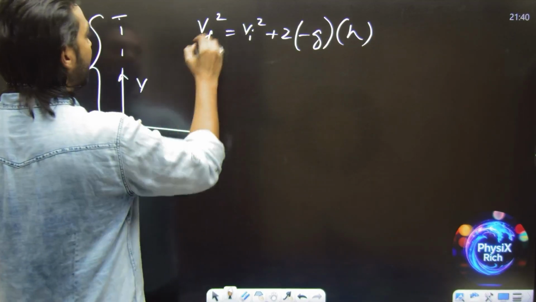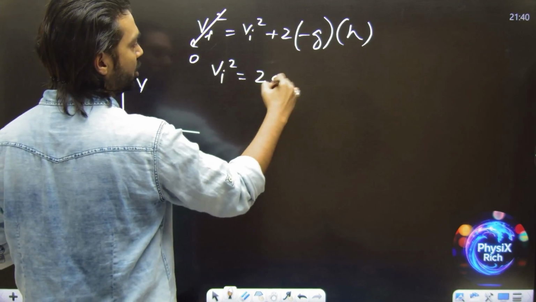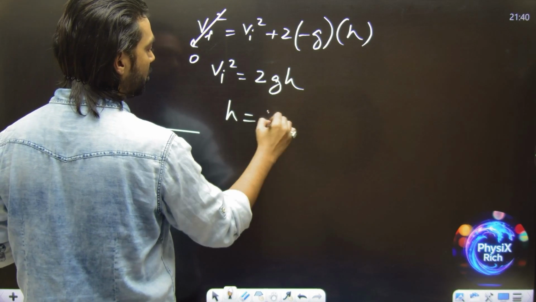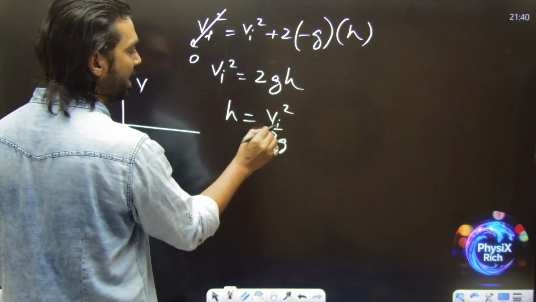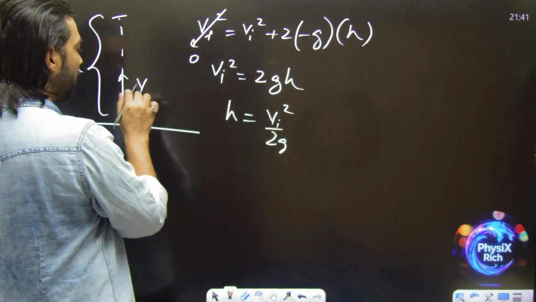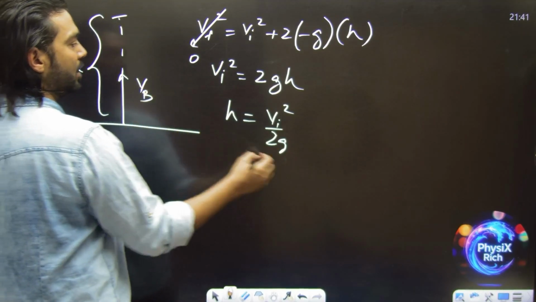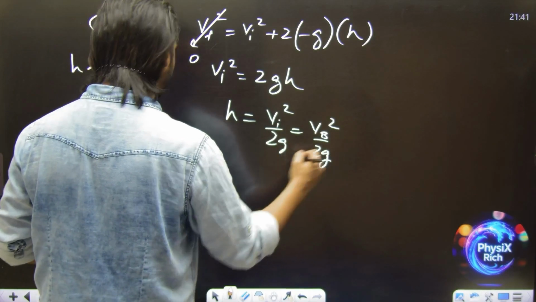Now, what is the Vf? Vf is 0, so I get Vi square equals 2gh, and the h comes out to be Vi square upon 2g. What is our Vi? Vi means the initial velocity, Vf means the final velocity, which means that if our velocity over here is Vb, then this simply becomes Vb square upon 2g, right?